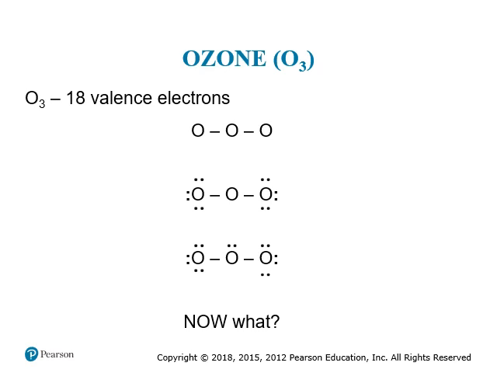Well, regardless of the structure that we draw, regardless of which lone pair of electrons gets shifted to a bonding pair, it would appear that our final structure is going to involve an oxygen double bonded to our central oxygen and an oxygen single bonded to our central oxygen. So 2 different types of bonds between our oxygens.